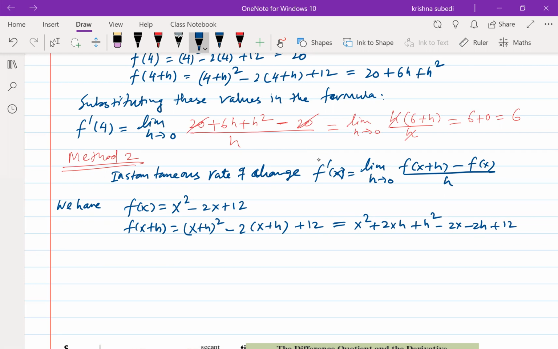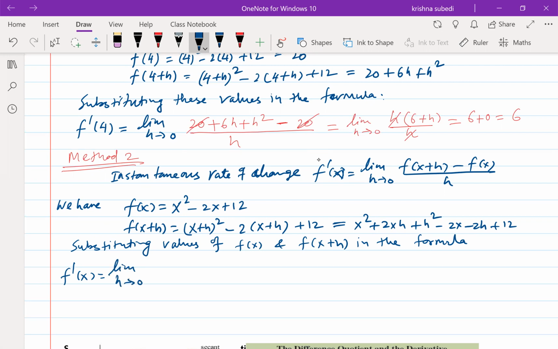Now substituting the values of f of x and f of x plus h in the formula, you're going to get f prime of x equals limit h tends to 0. f of x plus h means this: x squared plus 2xh plus h squared minus 2x minus 2h plus 12, minus f of x.